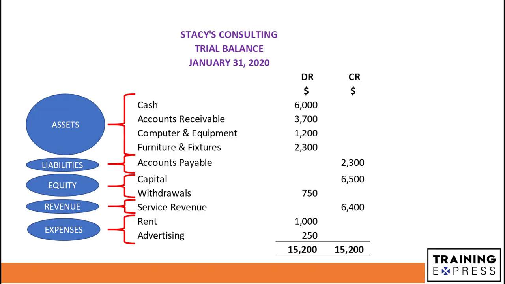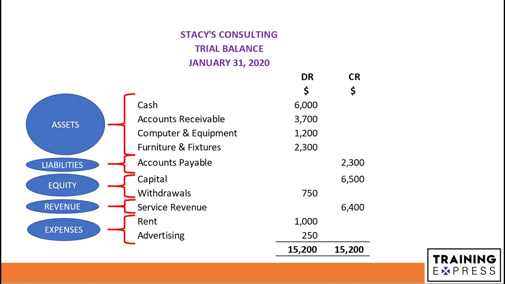Try to note one thing here. All the assets have a debit balance, and we are writing the debit balance in the debit column. Withdrawals, debit balance, we are writing in the debit column. All the expenses, debit balance, and we are writing it in the debit column.